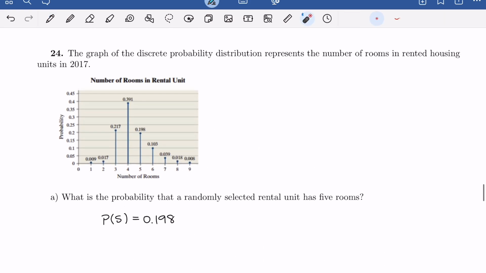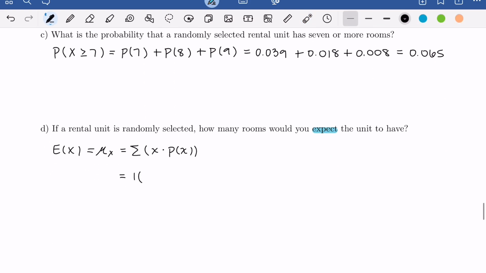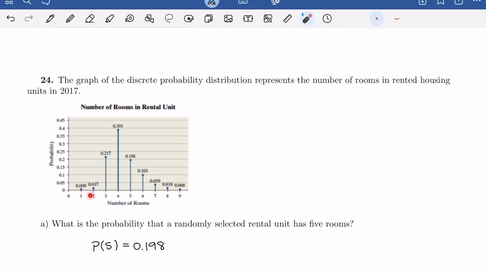So, for example, go back up to our graph here. If we're looking at the value of our discrete random variable being 1, in this case 1 room, we're going to multiply that by the probability of 0.009. So that'll be our first product. And remember, we're taking the sum of all of these. So that means we're going to have to add this to our second value of our discrete random variable, which is 2 rooms, and multiply that by the corresponding probability, 0.017.